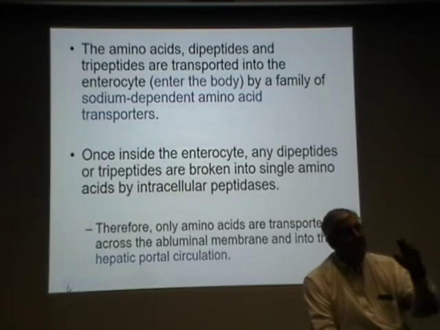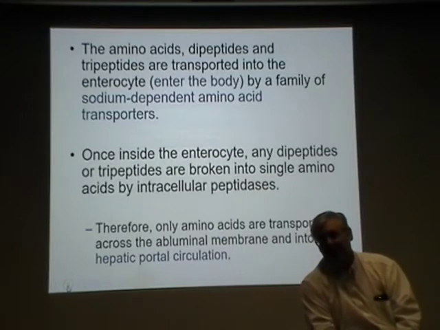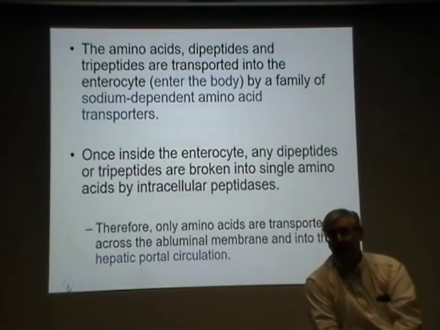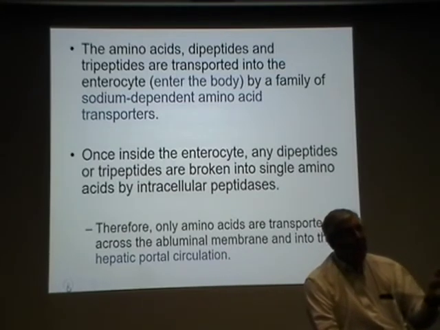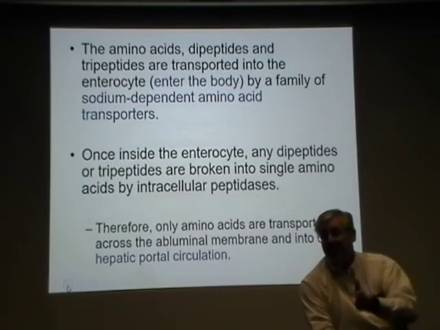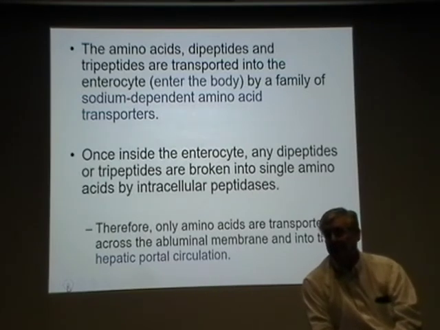If we shrunk ourselves down and we're sitting in the lumen of the small intestine, we're looking around, we'd see amino acids being transported in, so are dipeptides and tripeptides. Now, that was my first question. In what form do dietary proteins enter the body? The correct answer is amino acids, dipeptides, and tripeptides.